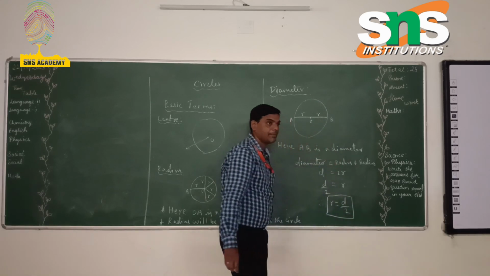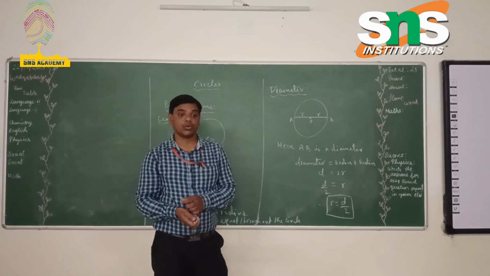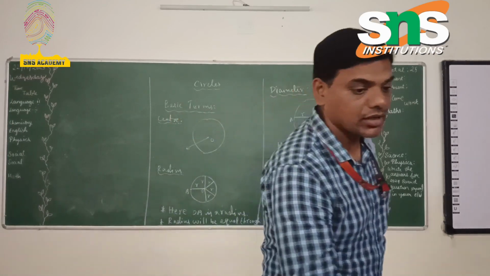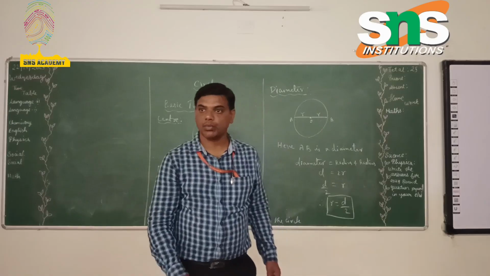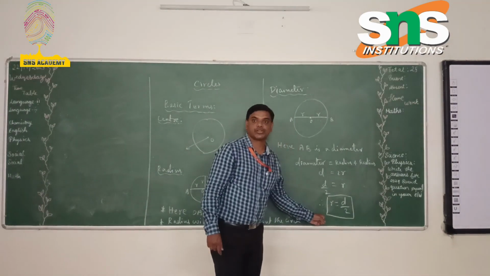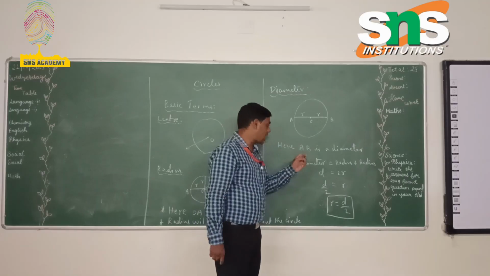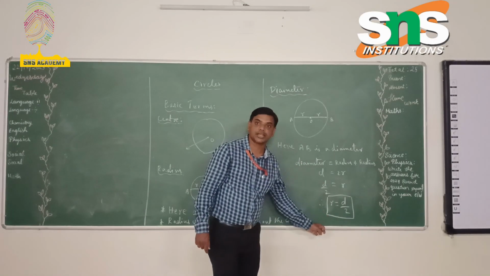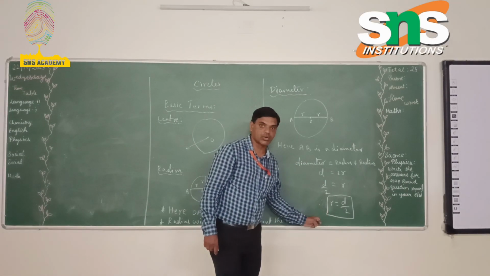This is very important. This will be used in area related to circles, and also surface area. If it is a circular region, compulsorily we should have a radius. If the diameter is given, we have to convert that into radius. Any doubt in diameter?